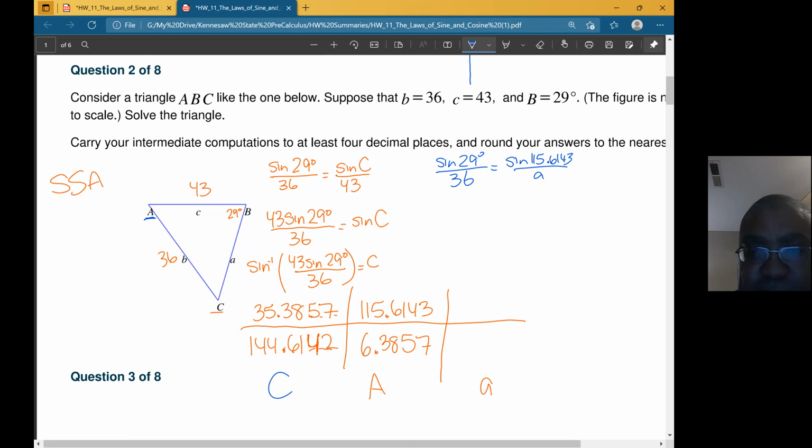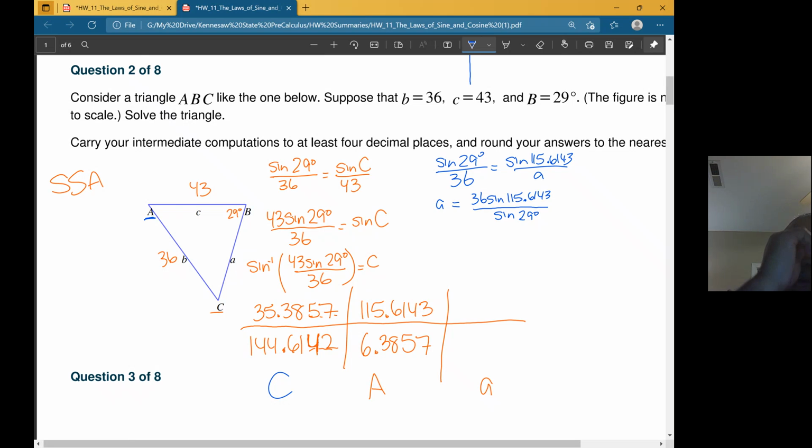Okay, if you use the pattern from last time or you're quick with algebra, then you know that little a becomes equal to 36 sine of 115.6143 over sine of 29 degrees. Okay, let's go ahead and do that. Fraction 36 sine of 115.6143, and that's over sine of 29.